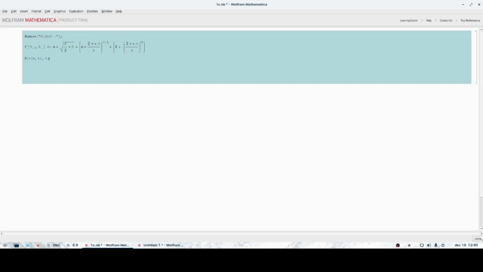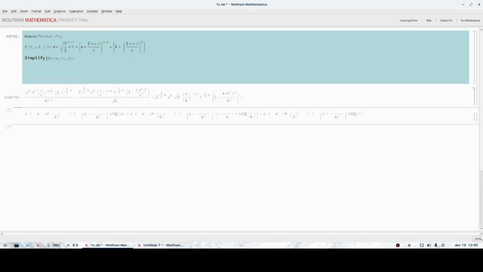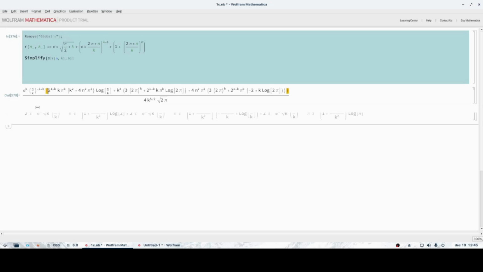The variable is k. But it looks too complicated. Maybe if we simplify it a little. I don't know if it's simplified or not.